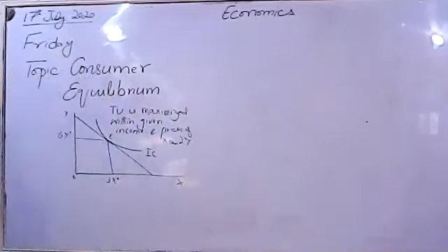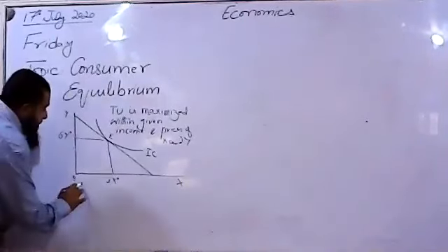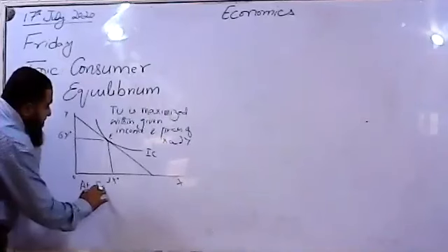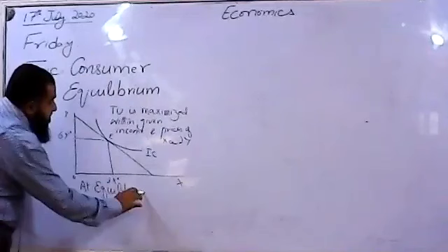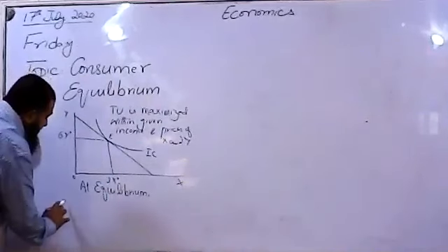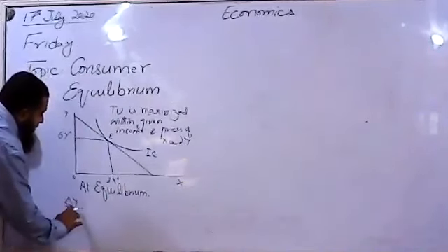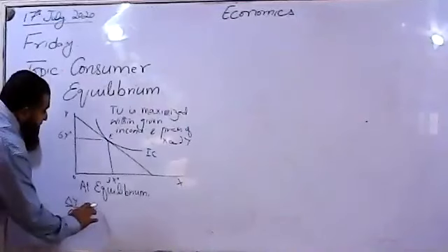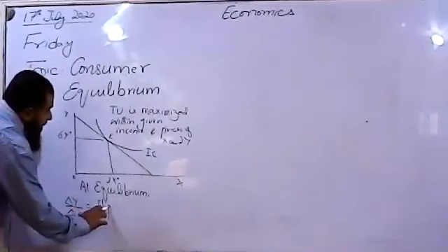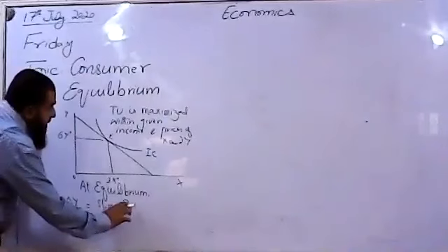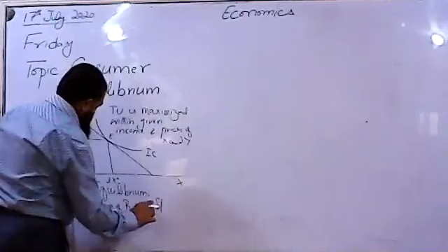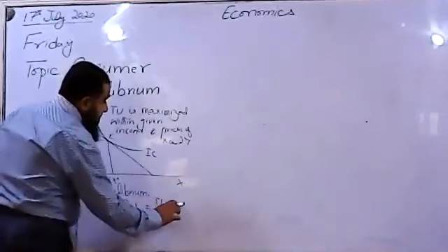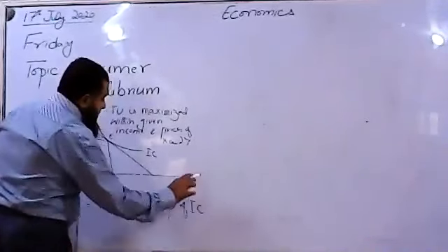At this equilibrium point, what is happening? At equilibrium, the slope of the budget line is equal to the slope of the indifference curve.